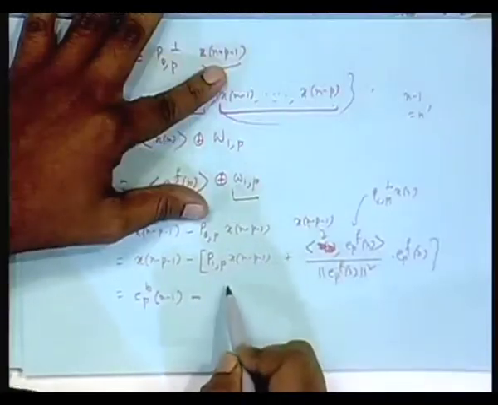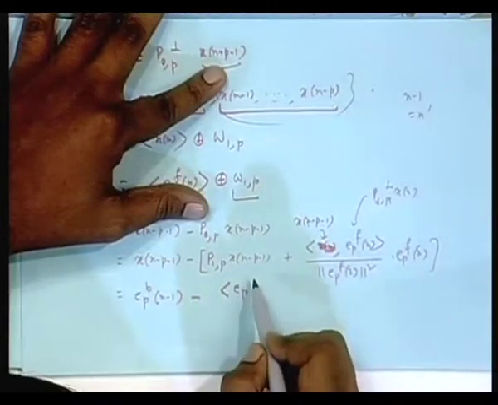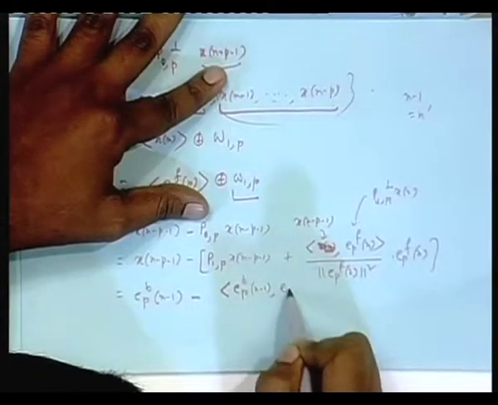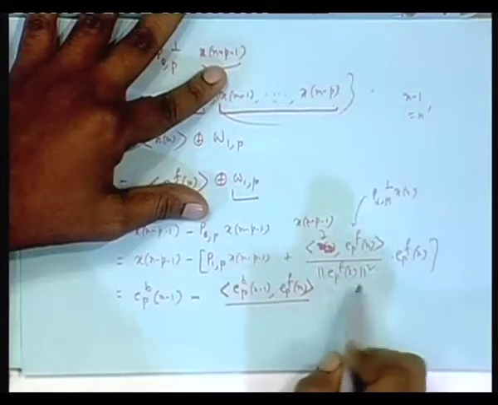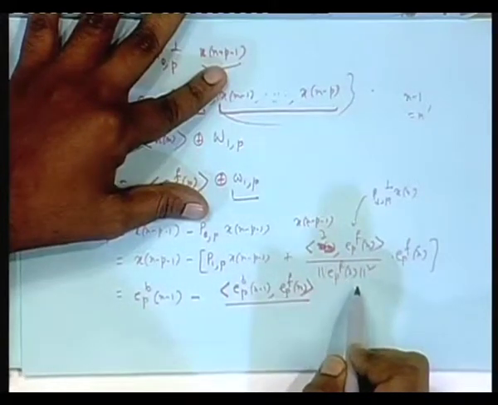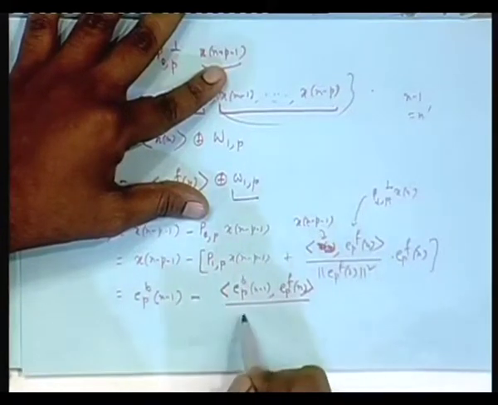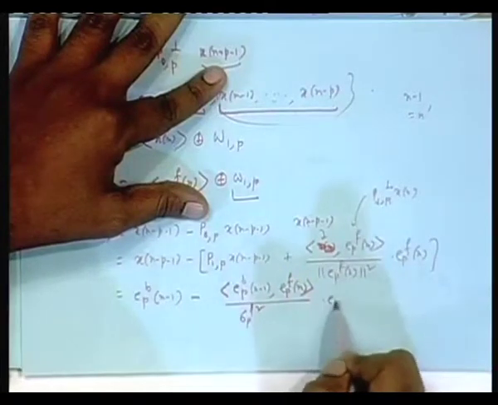So, that means this becomes the inner product of this, divided by this norm square; we know this is the variance of this, and that is independent of n because of stationarity, or that is, using our notation, into E p f n.